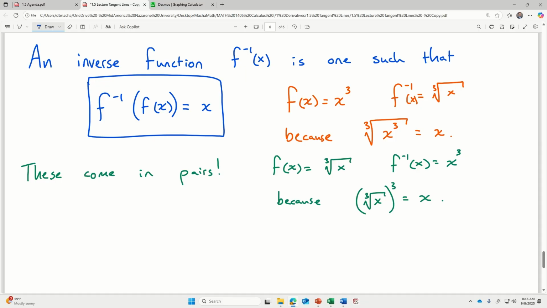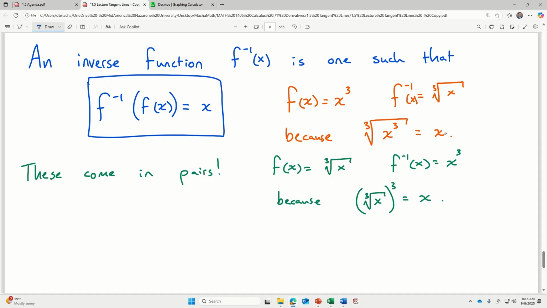Hopefully we remember this. If the function f is inverse to g, then g is inverse to f. It goes both ways. It's like my brother. My brother's name is Jeff. I'm Jeff's brother, but it also means he is my brother. It's a two-way street.